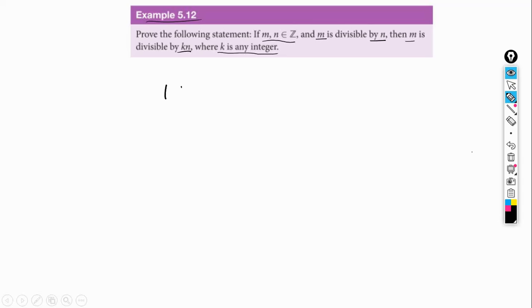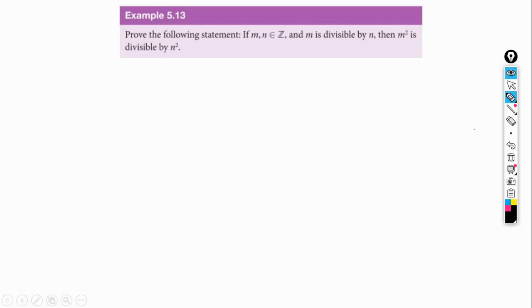For example, 18 is divisible by 3 and is also divisible by 6, which is a multiple of 3. However, 18 is not divisible by 15, which is also a multiple of 3. So this counterexample is enough to prove that this statement is false.